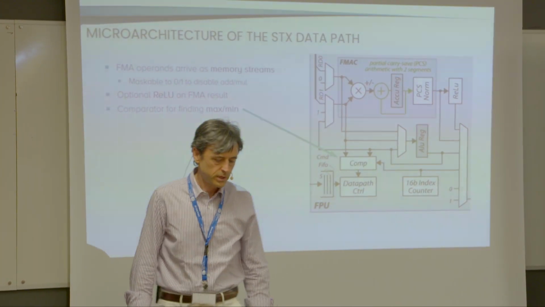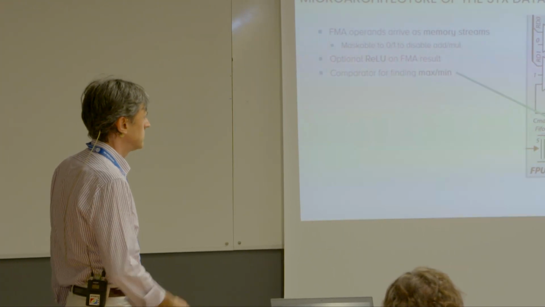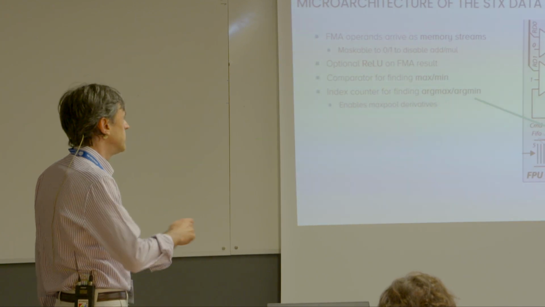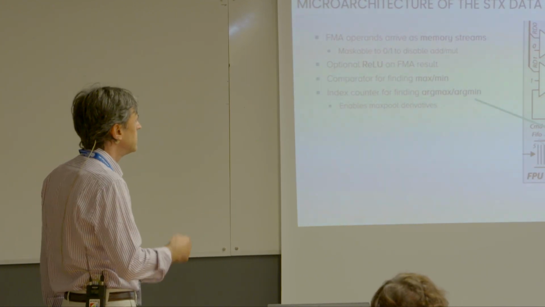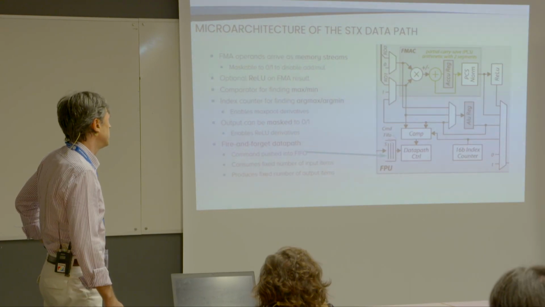This is for supporting the max pool operations, again related to neural networks. Finding the argmax and argmin, so the point of maximum and minimum of the function. The output can be masked to 0 and 1. All of this can be useful when implementing the training algorithms of typical CNNs. And it is programmed by commands here.